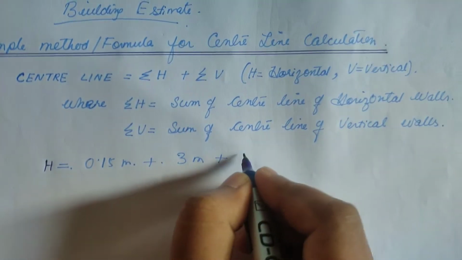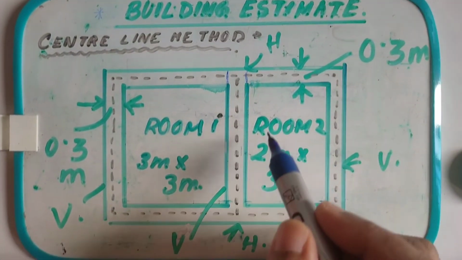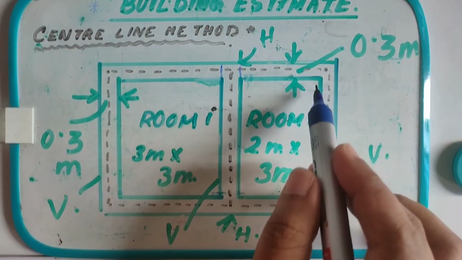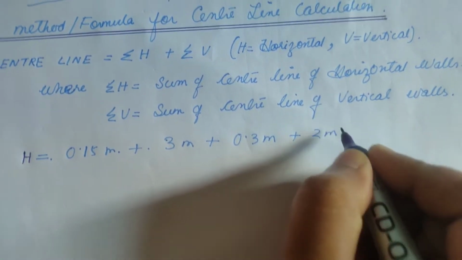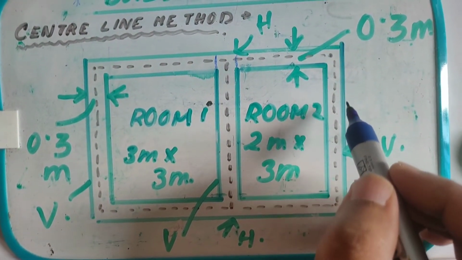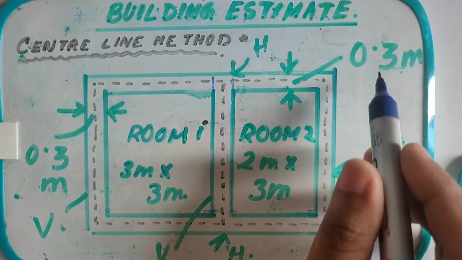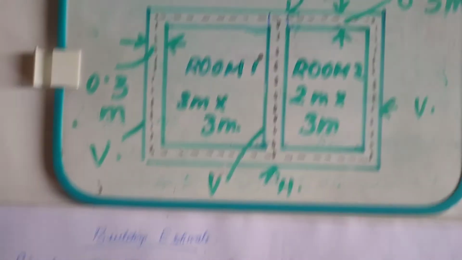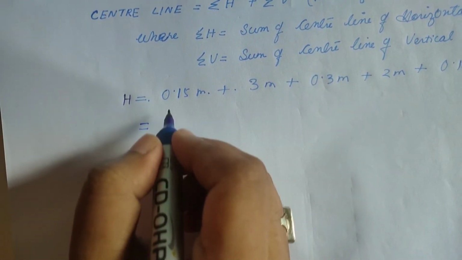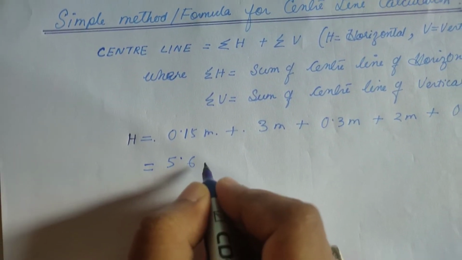So we will directly consider it as 0.3 meter plus, what is the length of room 2? 2 meter plus, again there is a wall over here and we will consider half the thickness of this wall, that is half of 0.3, that will be 0.15 meter, and the total will be 5.6.